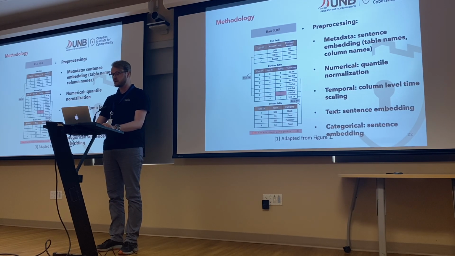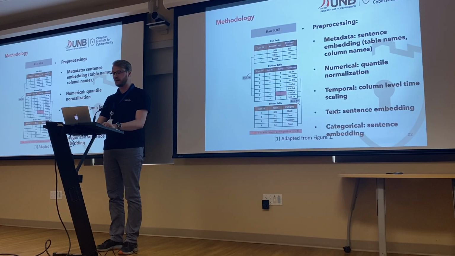So this is good. And before we process this through the rest of our pipeline, we might want to do some pre-processing on this data. Some key points are that any metadata about the database itself, so the table names or the column names, are all going to be transformed into their respective embeddings using a sentence transformer.